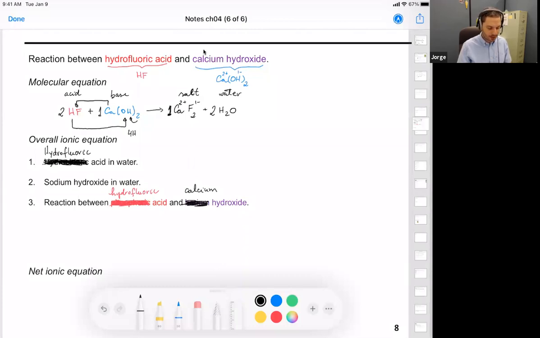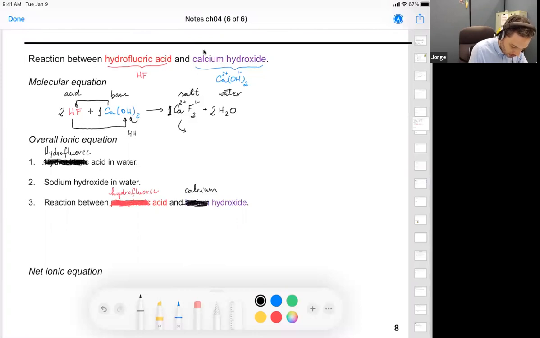Okay, and just understand that we are performing all these reactions in water. So it's always aqueous media here for us to make things simple. And one important thing here that I almost forgot.